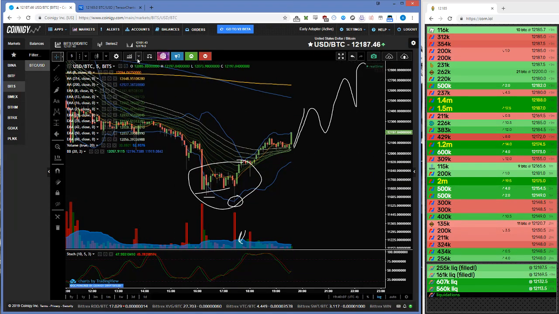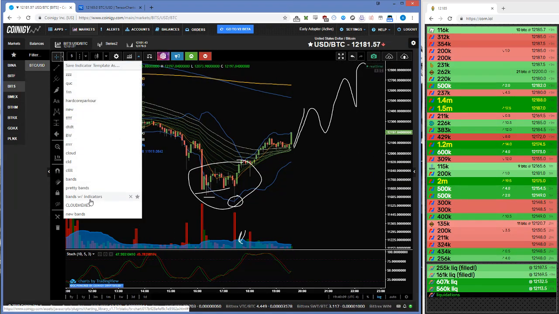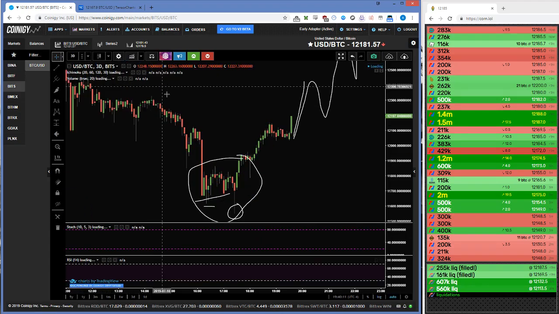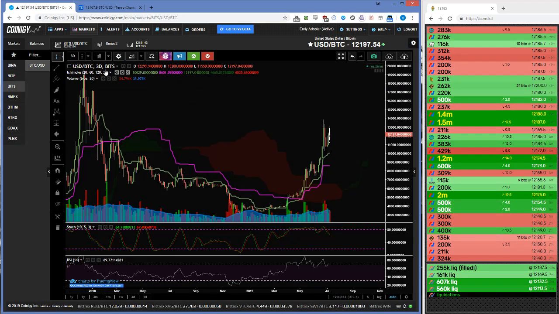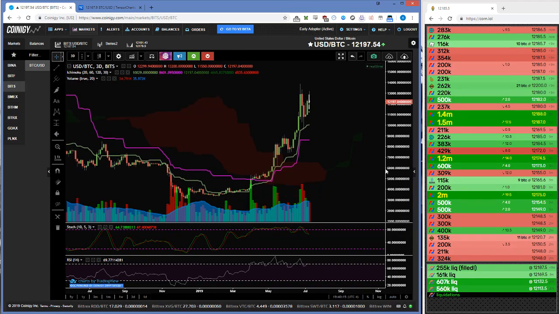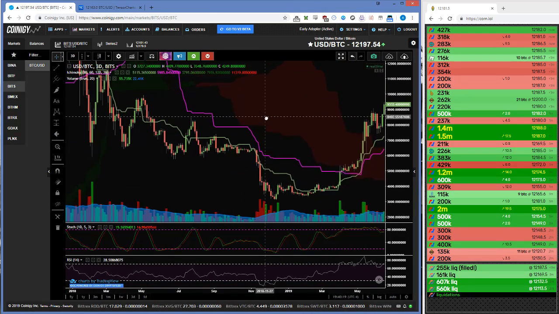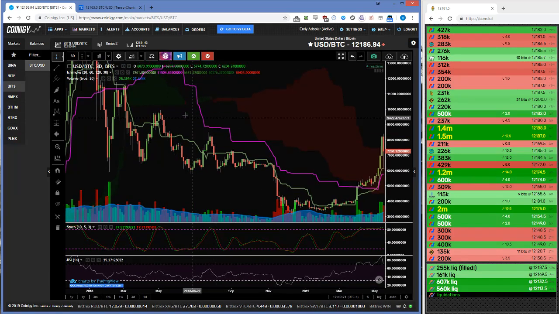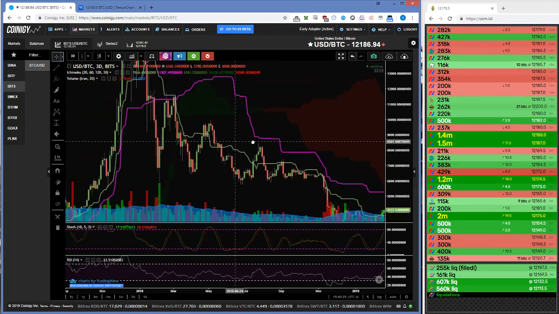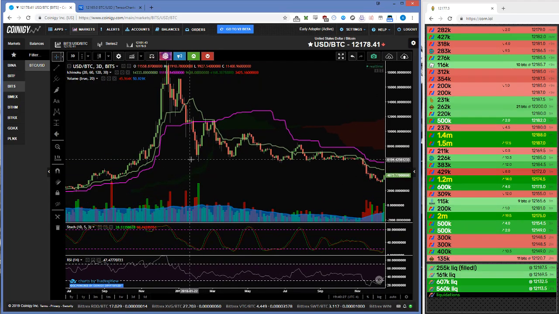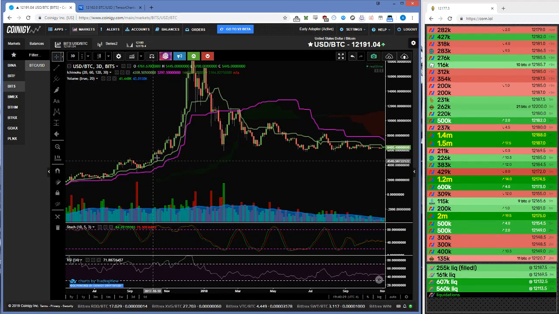So the only other indicator that I use is the Ichimoku cloud, which is another tool for following the trend. Basically, you have 2 lines.